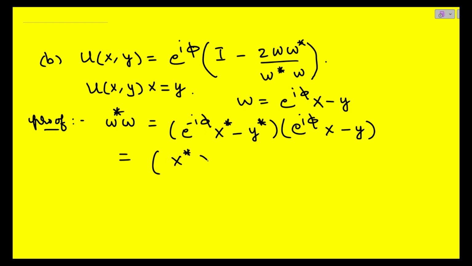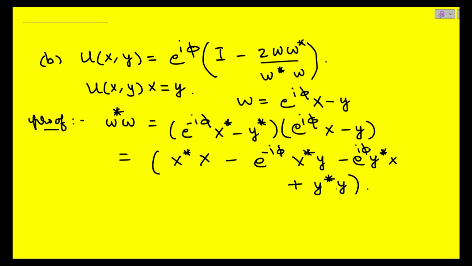You have x star x minus e to the power minus i phi x star y, minus y star x, where e to the power i phi comes in the front, and you have plus y star y. Okay, so you have this. Now we need to do a little bit of algebra here.